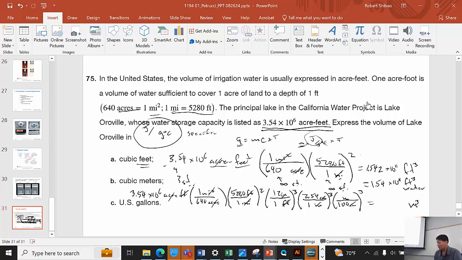And I get 4.36. Looks like, again, all these are exact conversion factors.